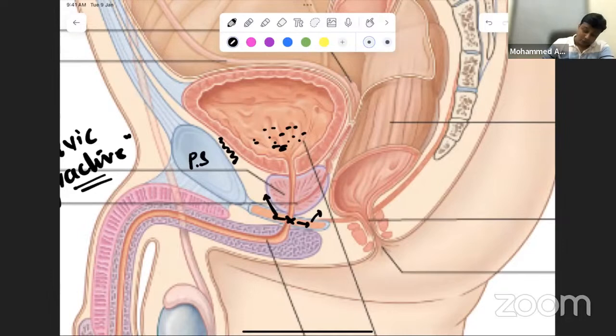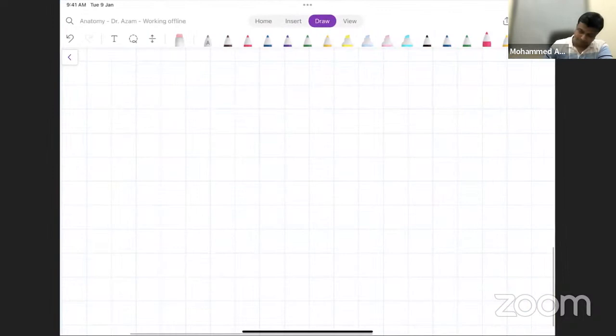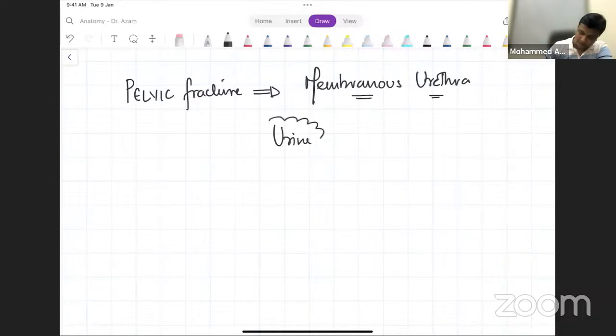So first of all, try to learn it like this, sir. Let us make some notes here. If in the exam they mention this word, pelvic fracture, then remember which urethra will be involved: the membranous urethra. Membranous urethra will be ruptured. And if the membranous urethra is ruptured, where will the urine extravasate?